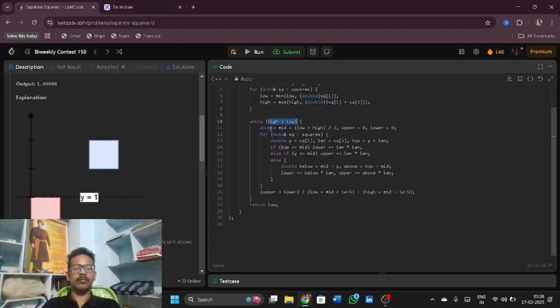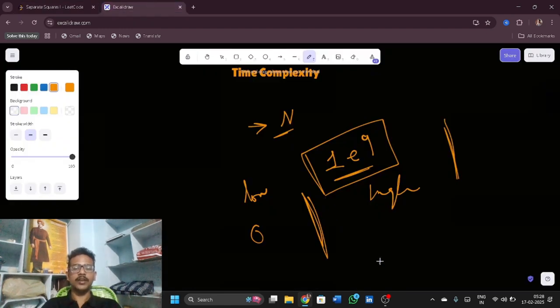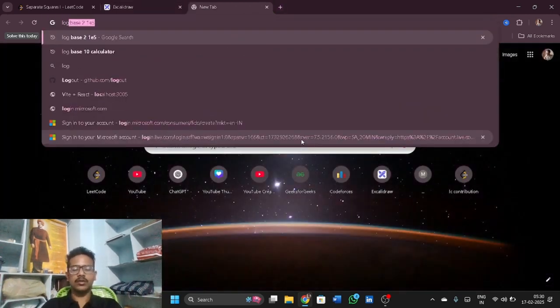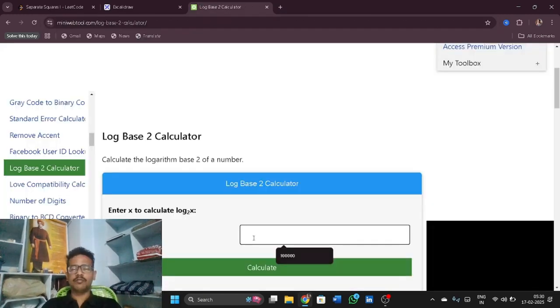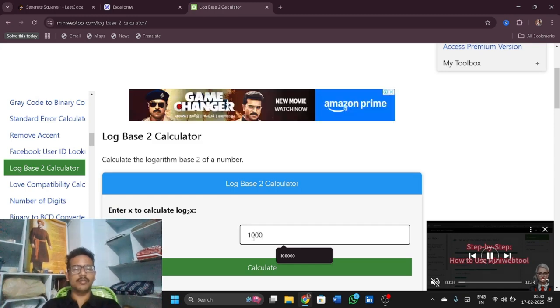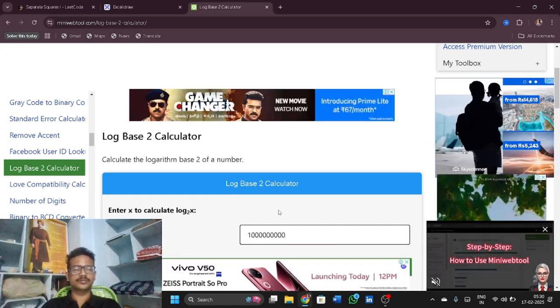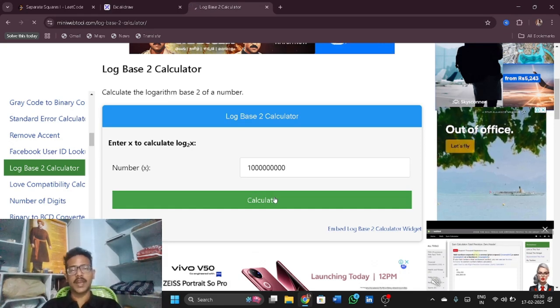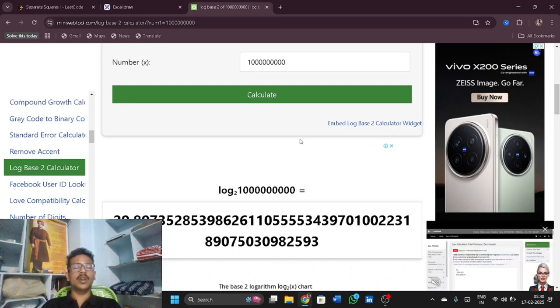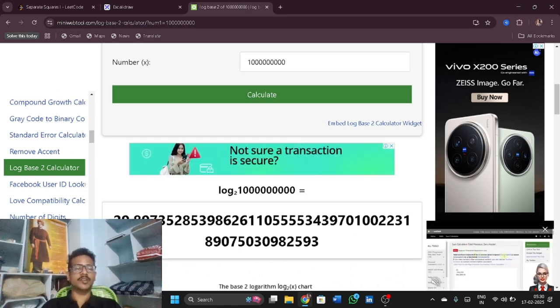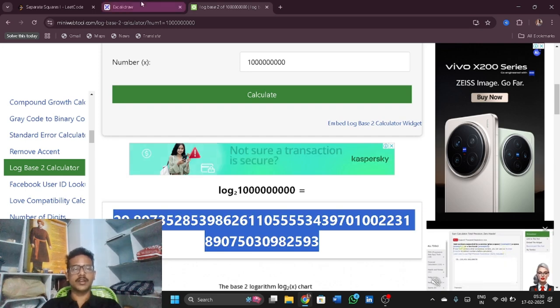What I am doing here for binary search, if you see high is greater than low, that means it will use a log of 1e9. So log base 2 of 1e9 will be something like 29, not greater than 30.